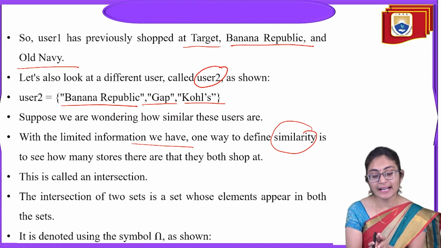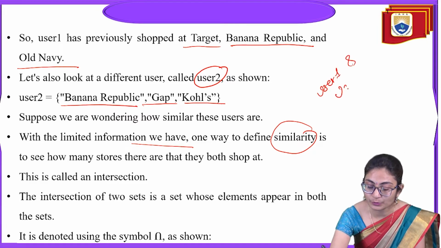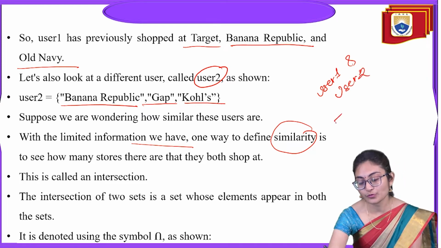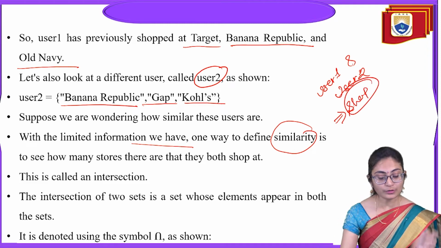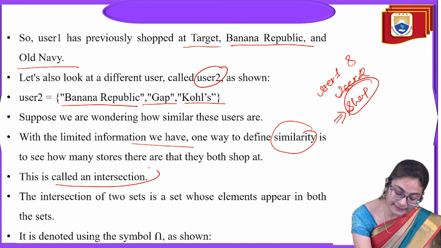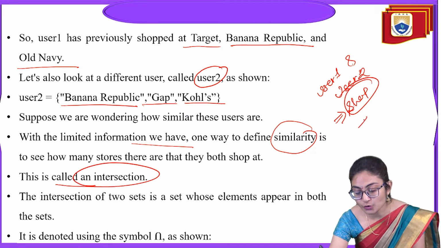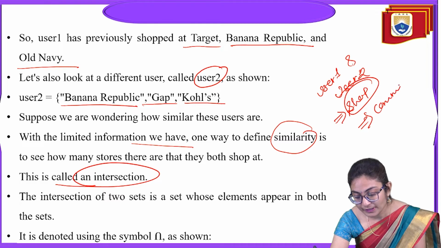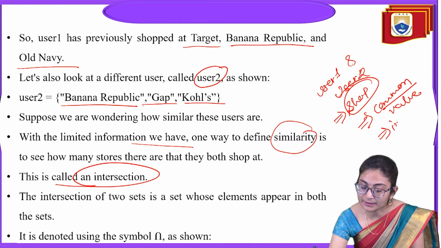That means both user 1 and user 2 went to the same shop. So we can say that it is the intersection. It is showing the common value.